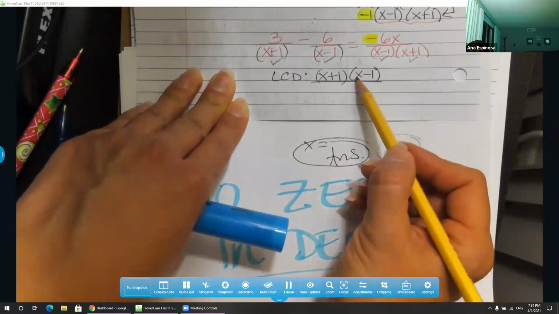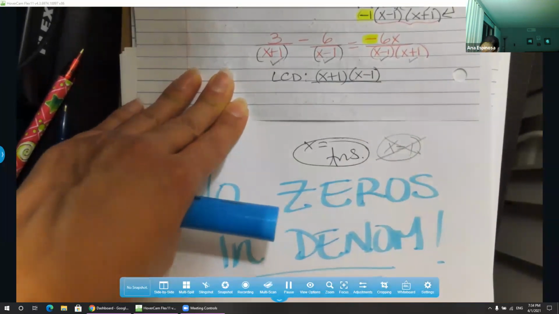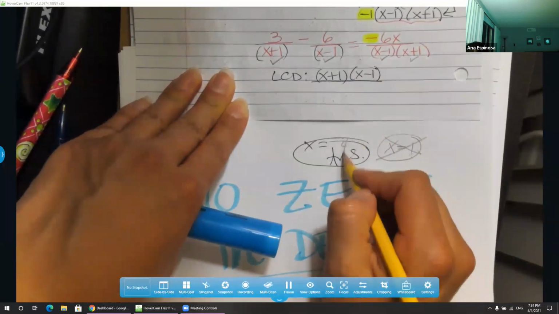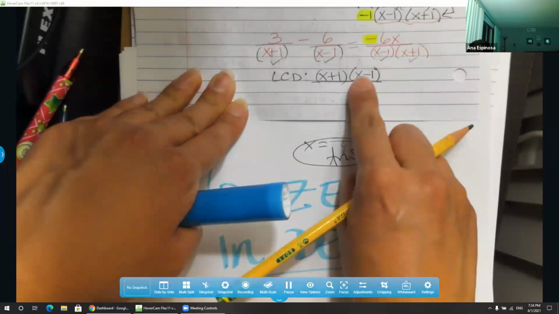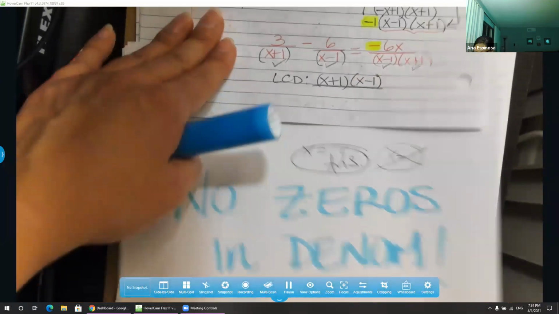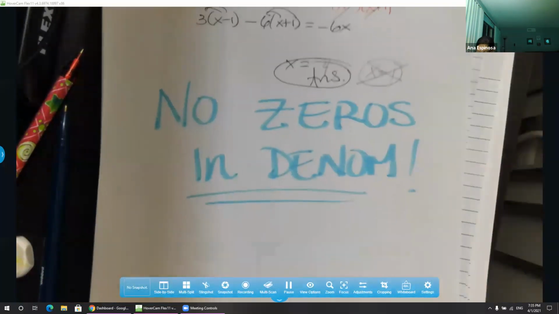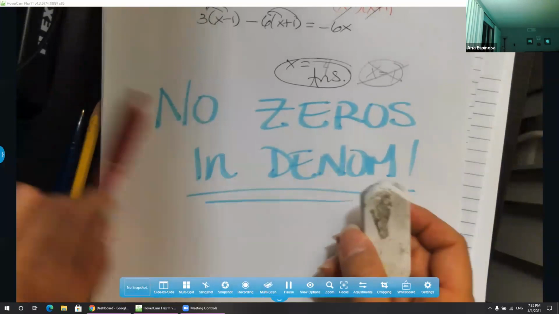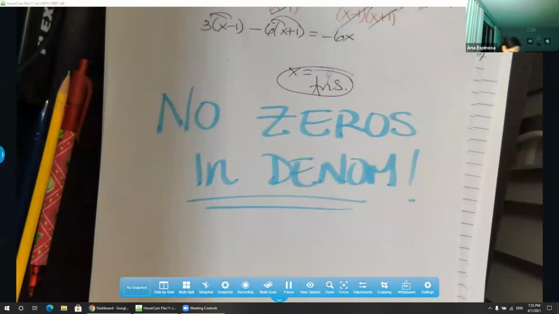But if I plug in a 1 here, that creates a 0. That would be no good. But if my answer is, let's say, 4, and that 4 does not give me a 0 in here or in here, then that is my legitimate answer. So once you have your LCD, just go back and test your answer in it, making sure you don't get a 0 in the denominator.